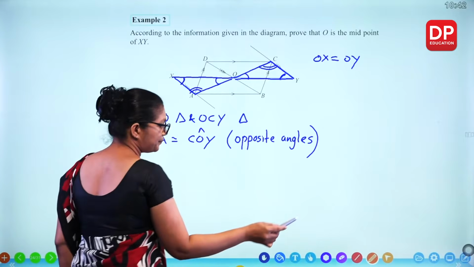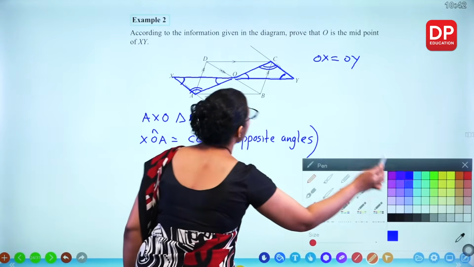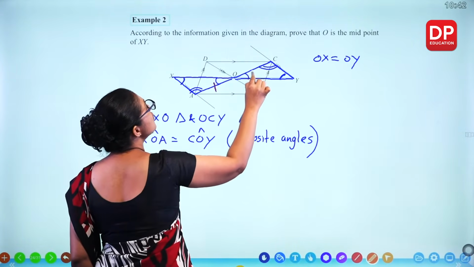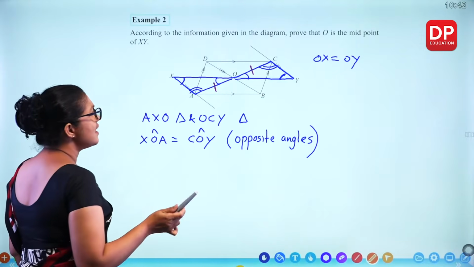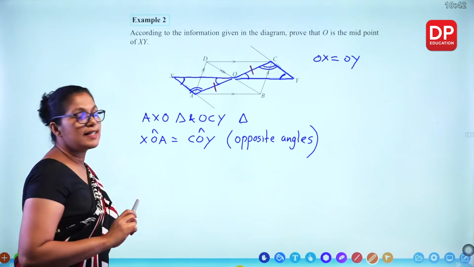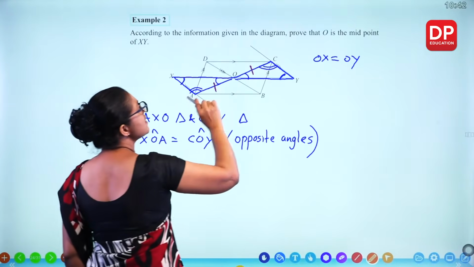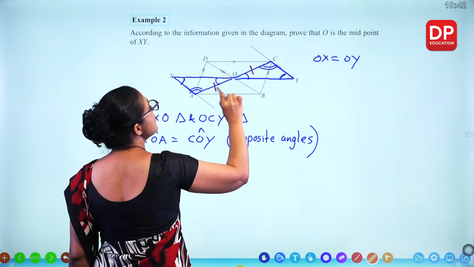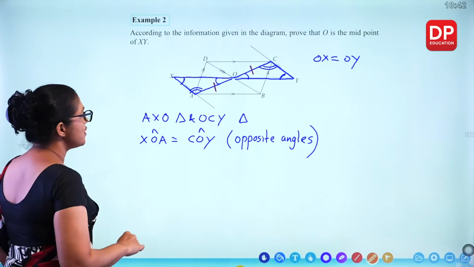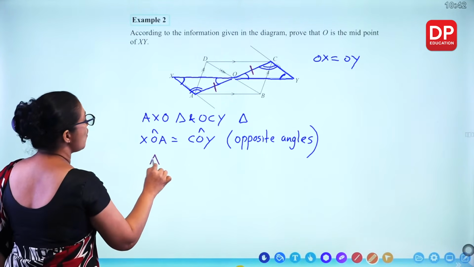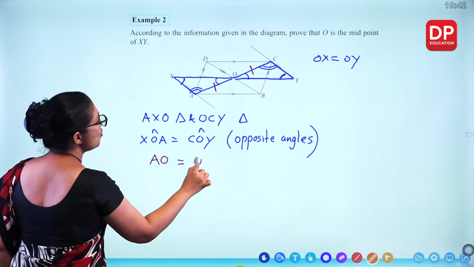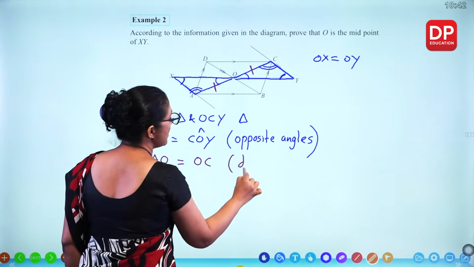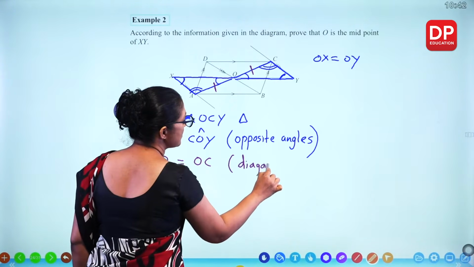This length is equal to this one. That's the diagonal. Diagonals bisect each other in a parallelogram. So this is a parallelogram. This length should be equal to this one. So I can write AO is equal to OC. Diagonals bisect.